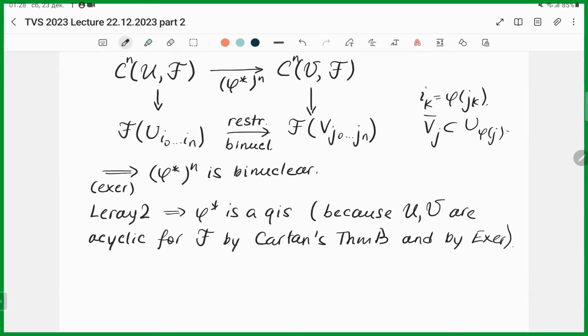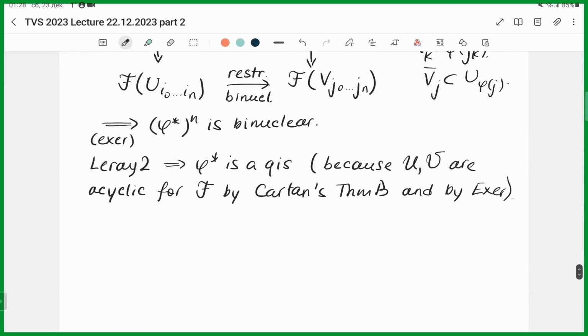So phi star is a quasi-isomorphism, and then we apply our previous theorem and conclude that the cohomology of our Čech complexes is finite dimensional.